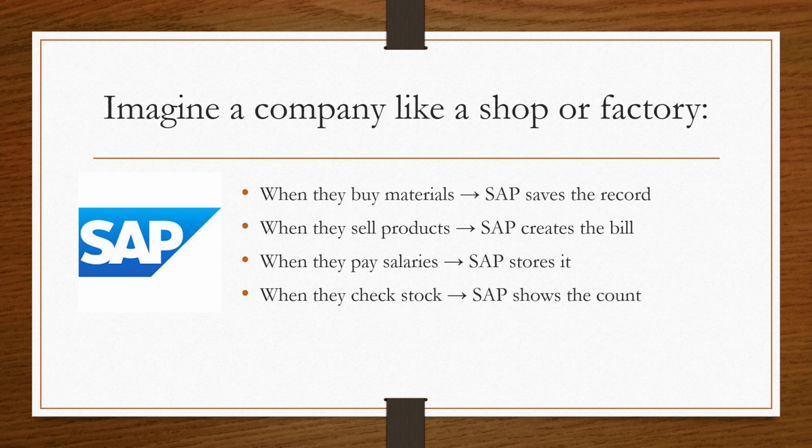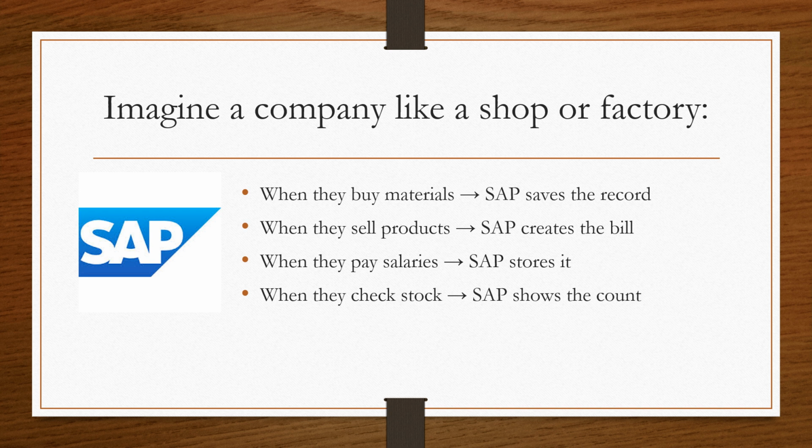Similarly, if we sell the products, it creates a bill. We all know a bill is not just a plus and minus. Nowadays we include tax, any discounts, any further discounts, discount coupons and everything. Just creating a bill is not that easy, because a bill is a proof of your purchase. Then the third one is when you get paid for the work you do.